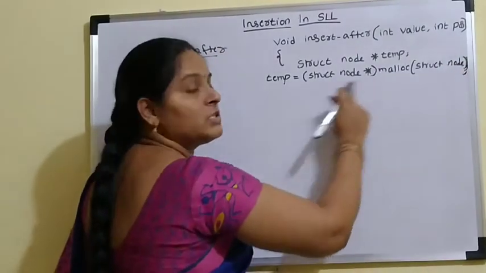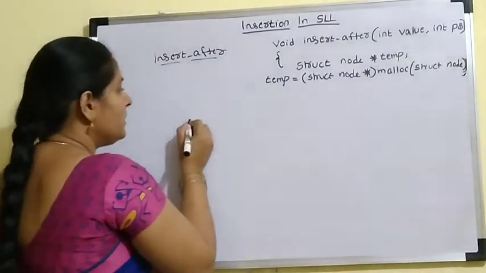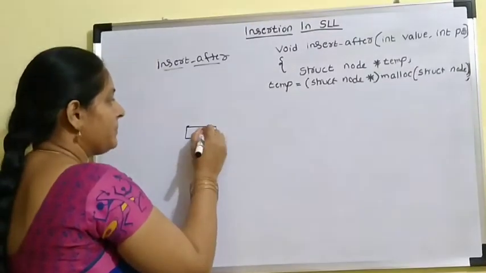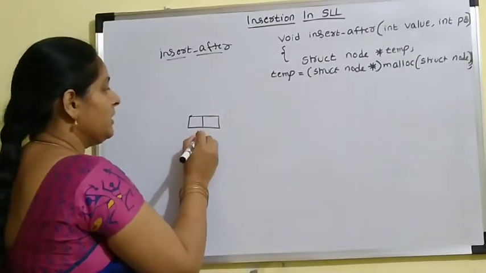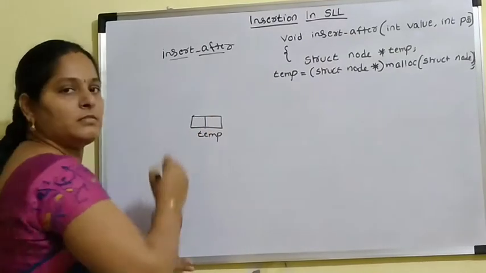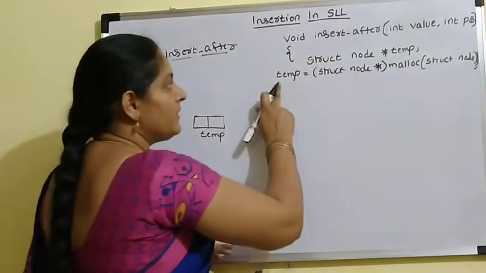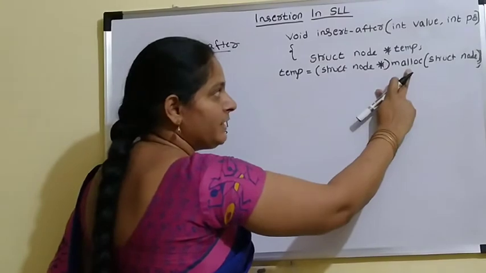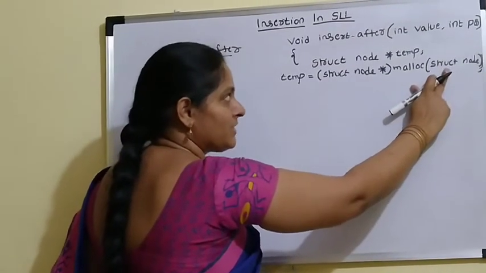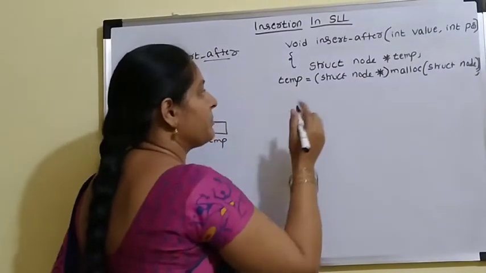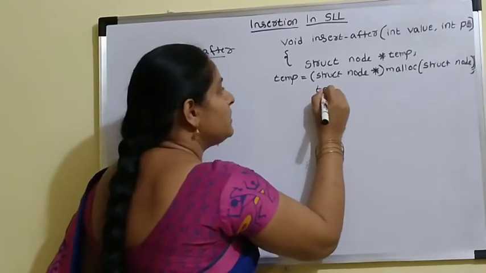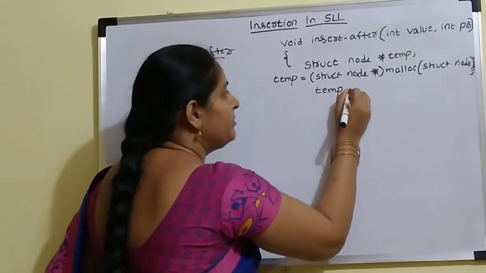Now I want to insert one node temp at some position in the existing list. With this statement I am allocating the memory dynamically for the node structure with the name temp.